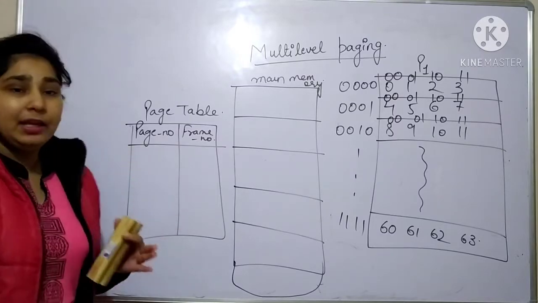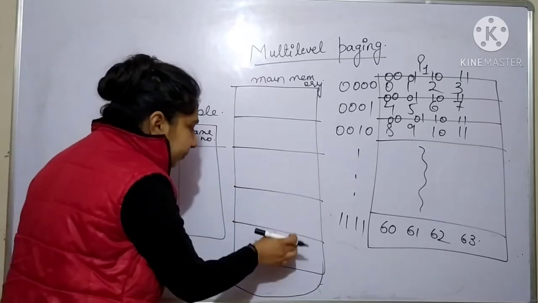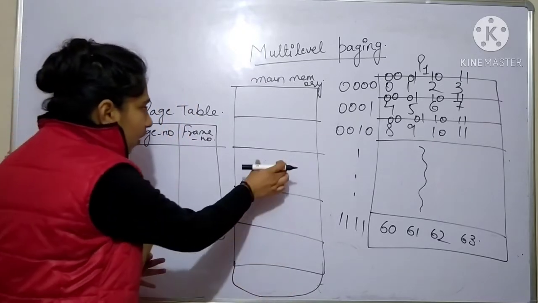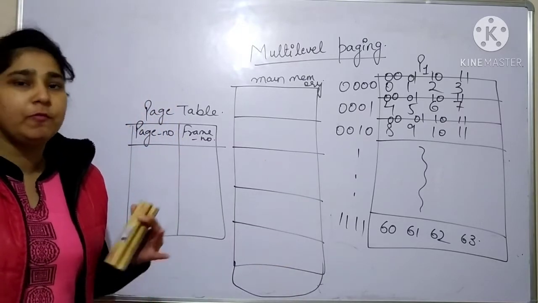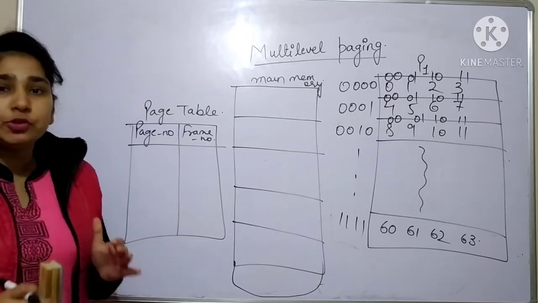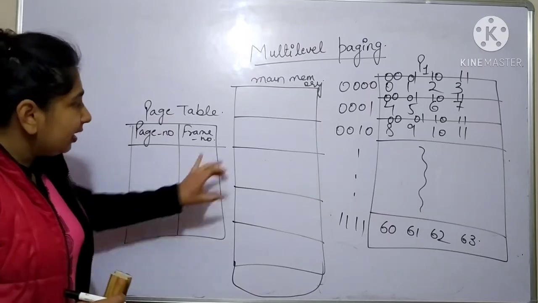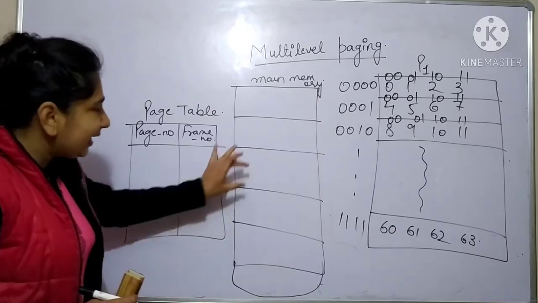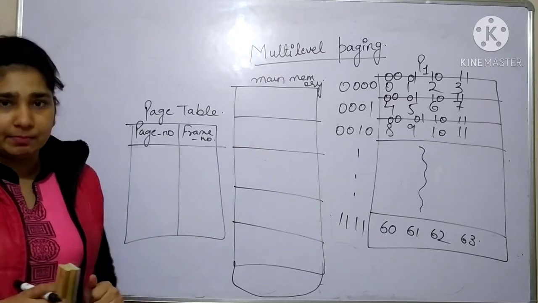But if your page table size is bigger than the size of a frame, then you need many frames of the main memory to store one page table for the process. In this case I have to store 16 entries in the page table, but according to the size of the main memory frame, I can store just 4 page table entries in one frame.